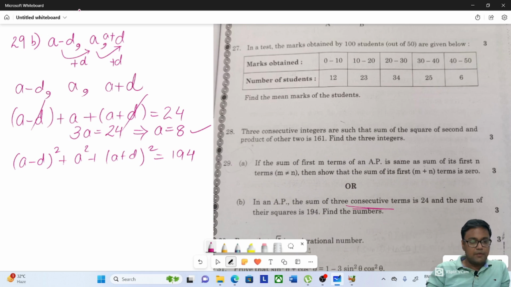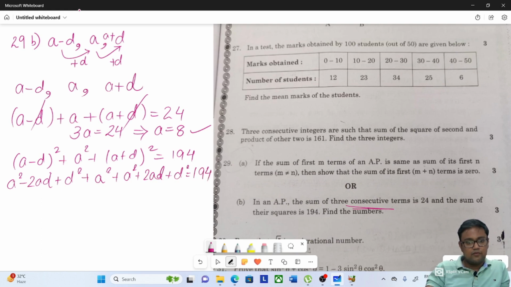So what is a minus d whole square? a square minus 2ad plus d square, plus a square, plus a square plus 2ad plus d square is 194. So you can cancel out 2ad with 2ad. So a square plus a square plus a square is 3a square.